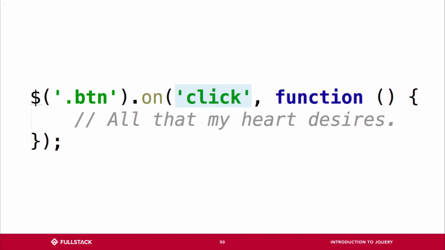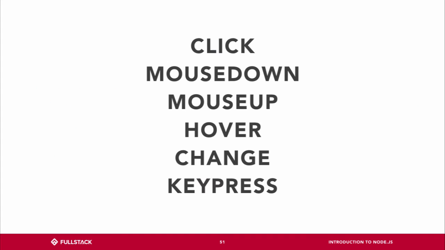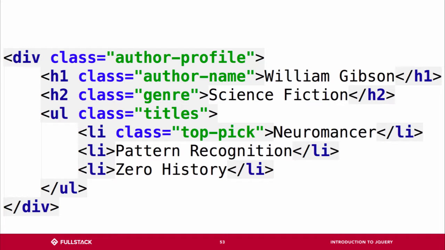So there's no real magic to it in the end; these are native JavaScript methods that end up getting added. Some things get a little bit trickier, things like change and key press, and jQuery makes it a little bit easier to do some of these things, which would be trickier using just a native DOM method.